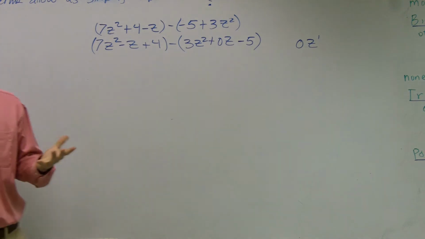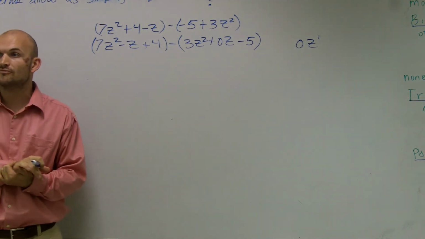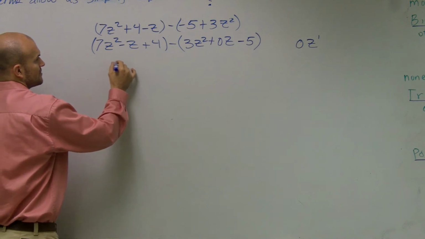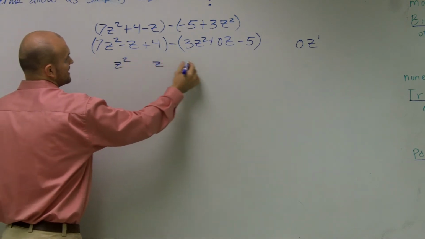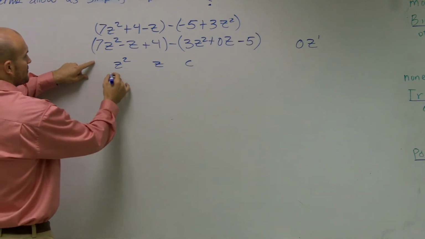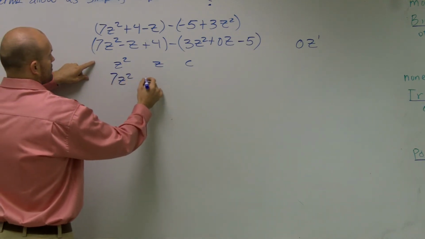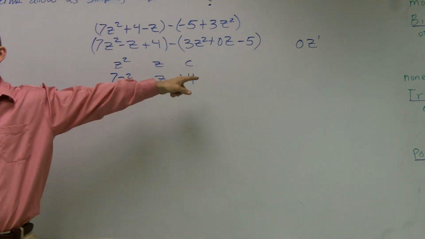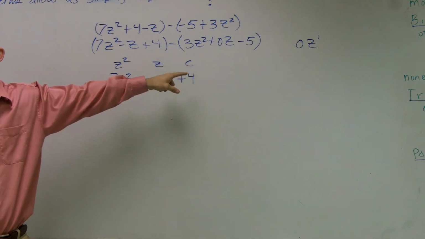Okay, so now I'm going to line these up vertically. The first ones I'm going to have are the z squareds, the z's, and then the constants. So I take 7z squared minus z plus 4. C remains for constant, or the numbers. Got it?